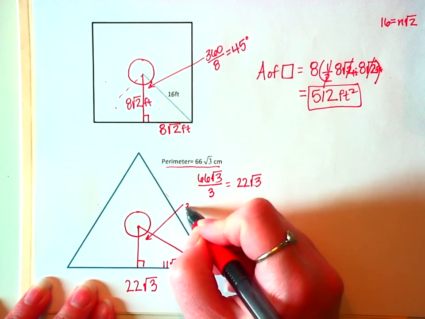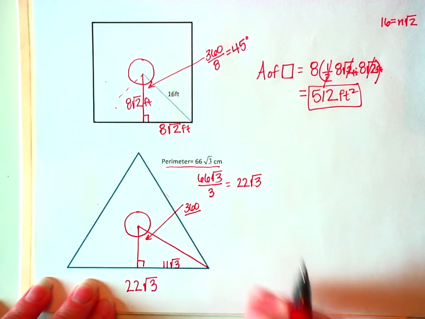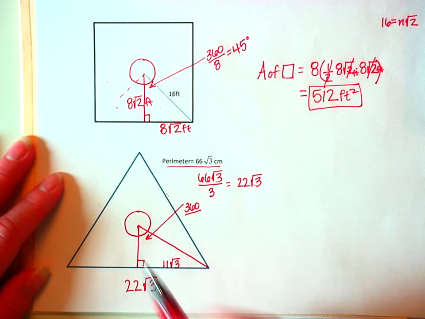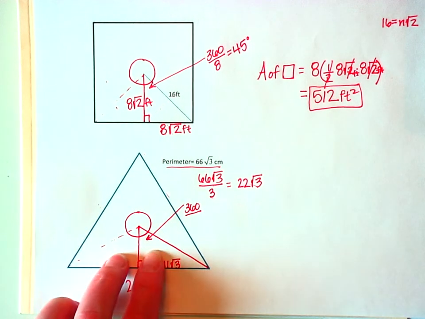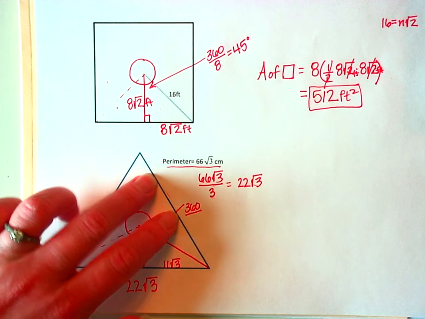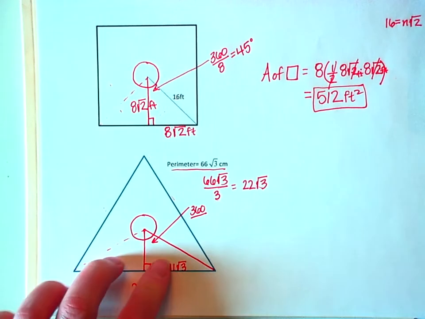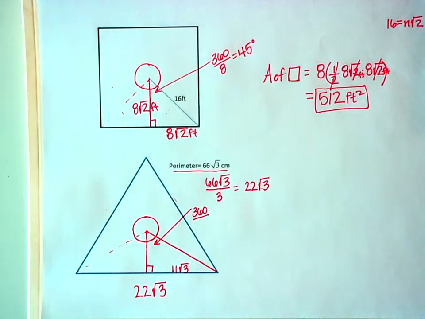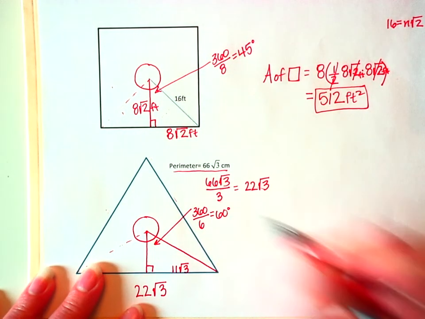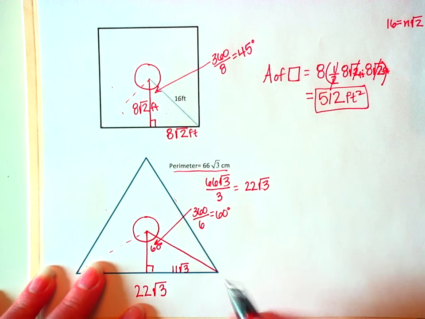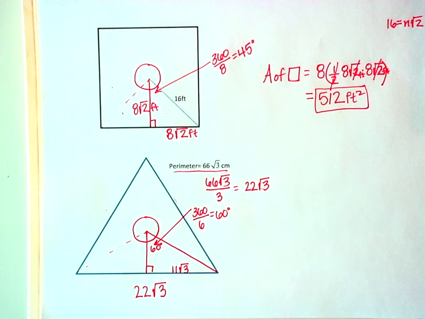This time it's going to be 360 divided by 6, because I can fit 6 of these right triangles inside my shape. 2 on this side, 2 more on this side, 2 more on this side. So 2, 4, 6. And that gives me 60 degrees. So this is a 30, 60, 90 triangle.